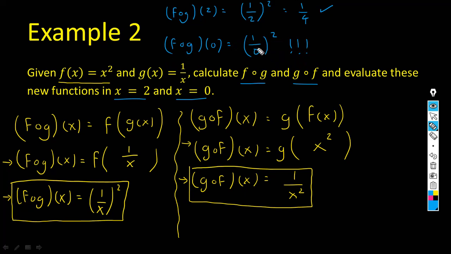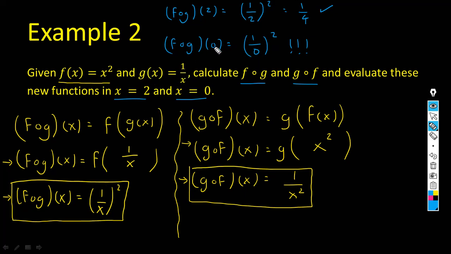Okay, we cannot divide by 0, therefore we say the following: this function f of g of x, made with this function and this function, initially also has to respect the domains of these two functions. Okay, I cannot evaluate this function f of g in 0, and the reason is that this function g is not capable of being evaluated in 0.